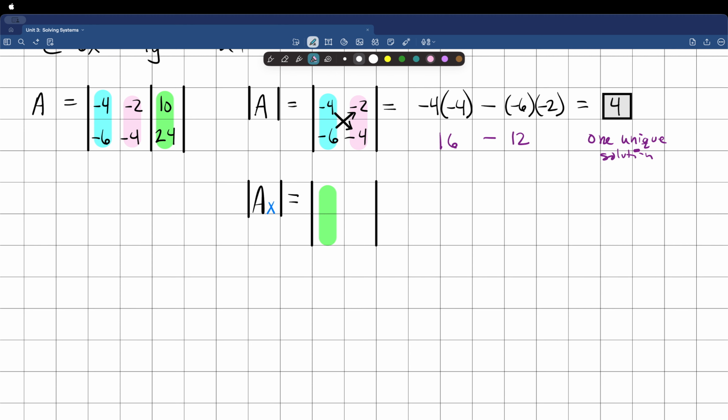And we're going to use the y component. And we're going to do the cross products and find the determinant. So it'll be 10, 24, negative 2, negative 4. Do the first cross product of 10 times negative 4. And we're going to subtract 24 times negative 2.